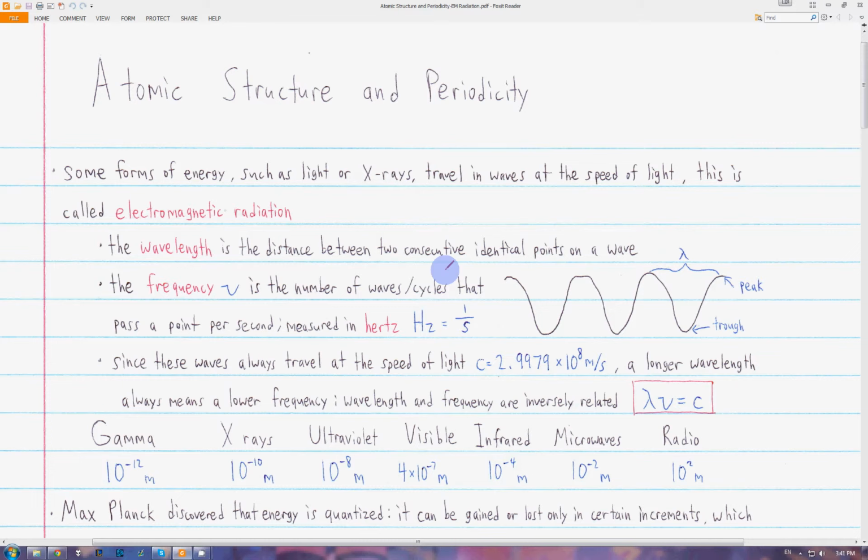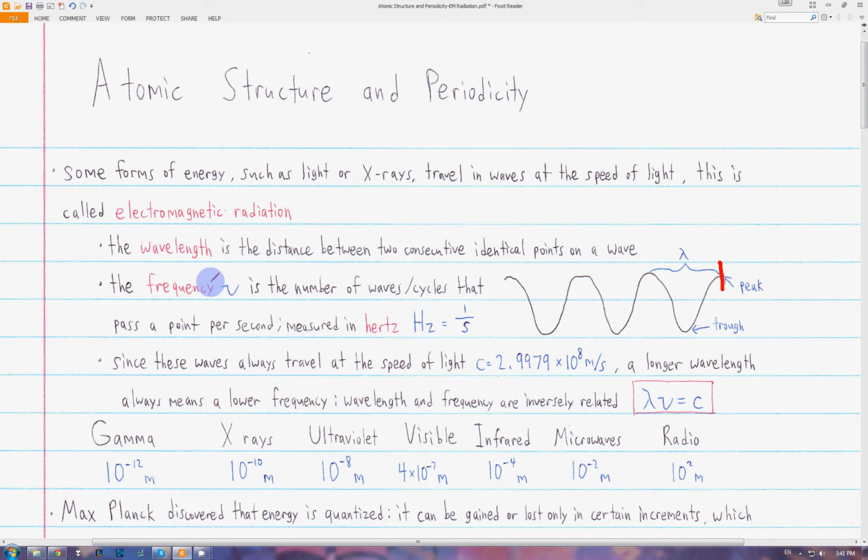So, the three main properties of a wave are the speed, which is the speed of light in an electromagnetic wave, the wavelength, which is the distance between two consecutive points on a wave, for example, the distance between two peaks or two troughs, and then the frequency, which is the number of waves or cycles that pass a given point per second.